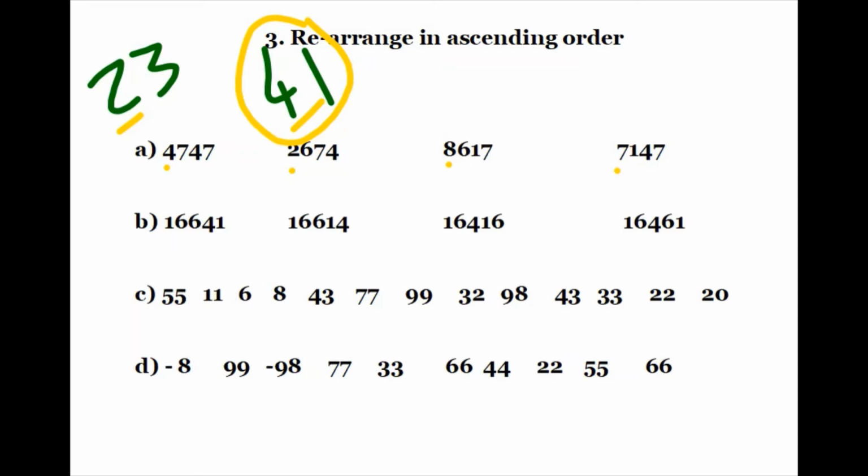In this case, 2 is the smallest, so that's number 1, and 4 is our second smallest, so that's number 2, followed by 7 as number 3, and 8 as number 4. This is how you'd order this set of numbers, and you just need to write it down neatly.